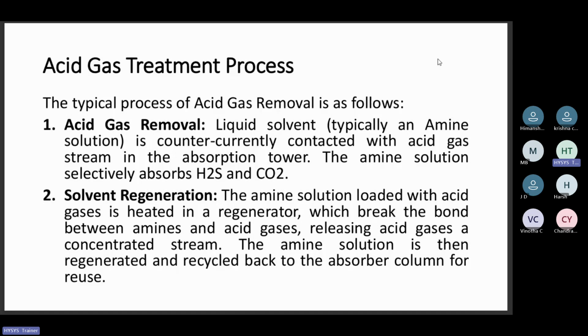This regeneration process is generally carried out in a distillation column. In that distillation column, the feed is preheated to some temperature, then passed to the distillation column. From that distillation column, the acid gases are removed. How is it done? By breaking the bond between the amines and the acid gases. And the liquid amine can be recycled into the absorber column for reuse.